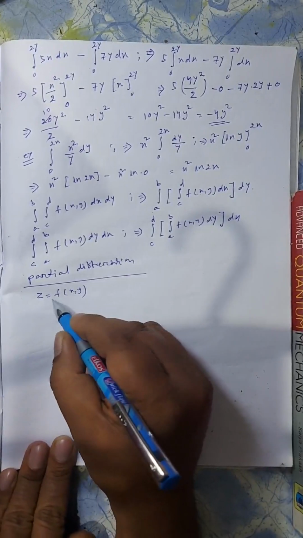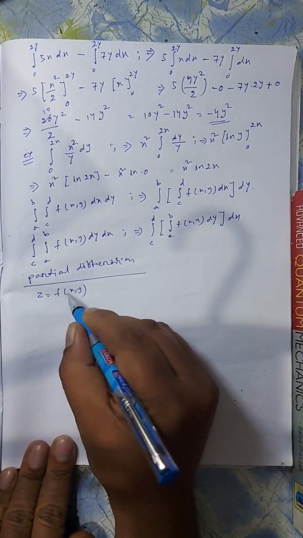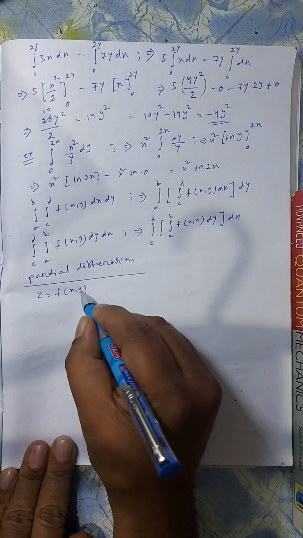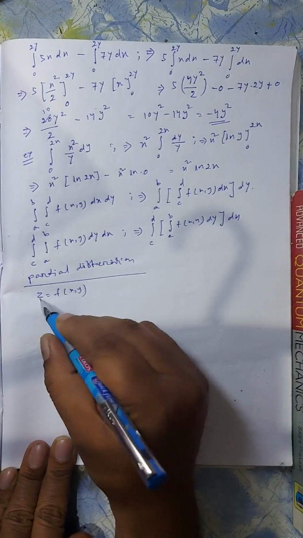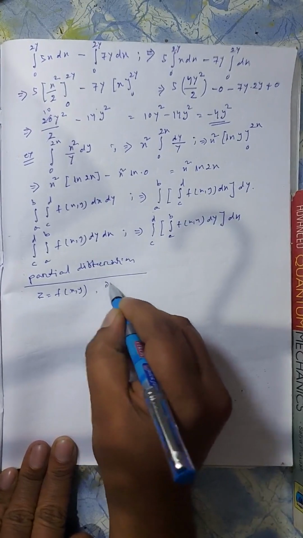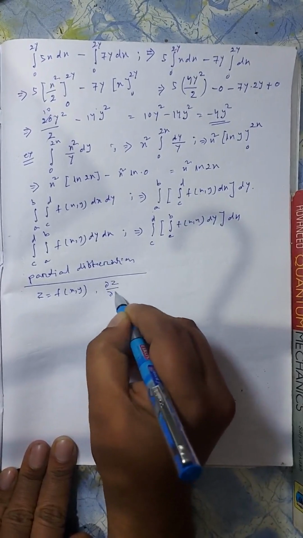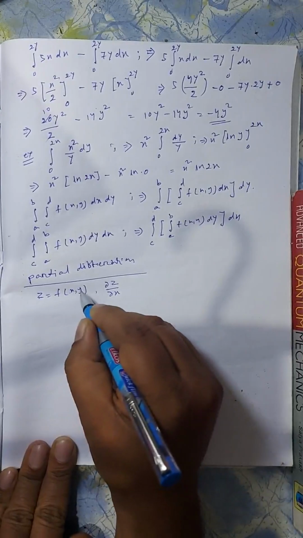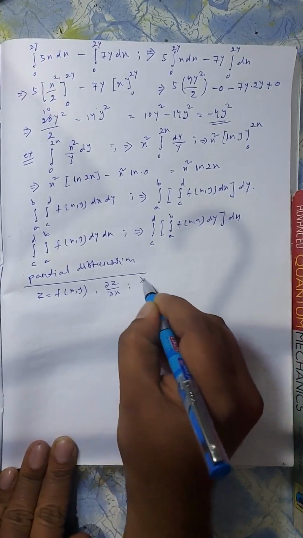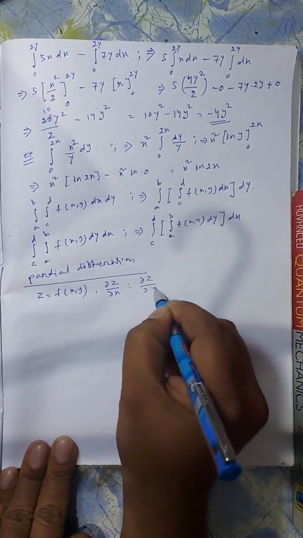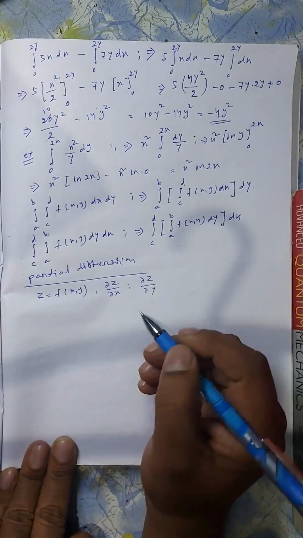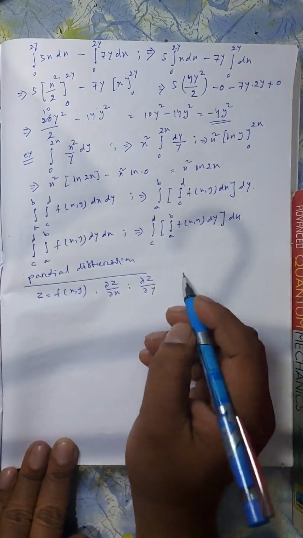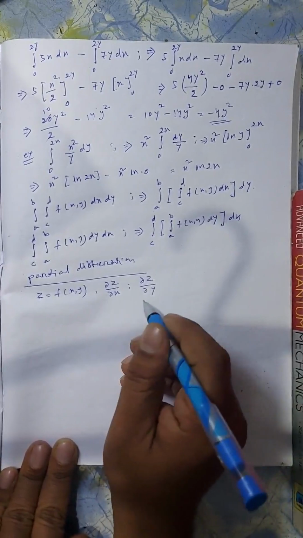Suppose we differentiate z with respect to x, keeping y as a constant. If we differentiate z, dou z with respect to x, so y remains as constant. If we differentiate z with respect to y, keep x as a constant. Here only these two cases arise in partial differentiation.